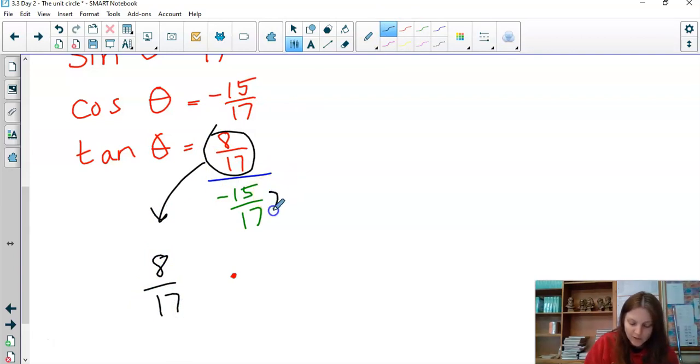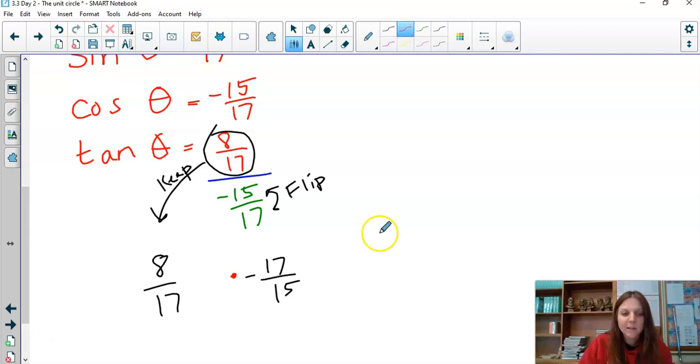And you're going to find the reciprocal of the bottom, like flipping it. Reciprocal, you're just flipping it over. Okay, so instead of negative 15 over 17, I cover up the negative, I flip it over, and then put the negative back in front. So negative 15 over 17 would be 17 over 15. And then I'm going to put the negative back in front.